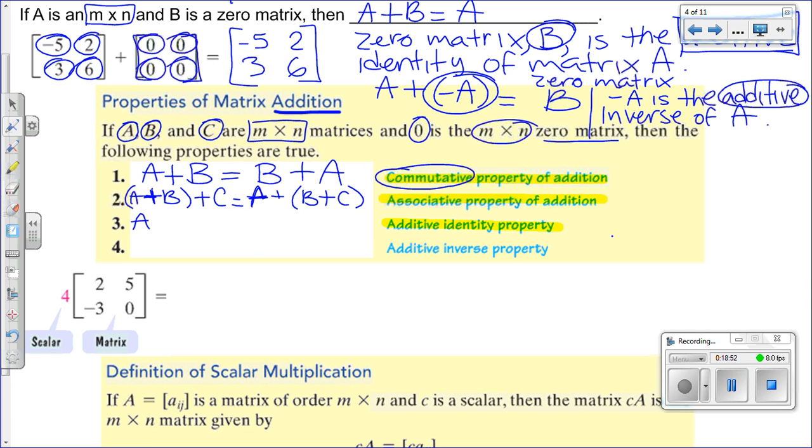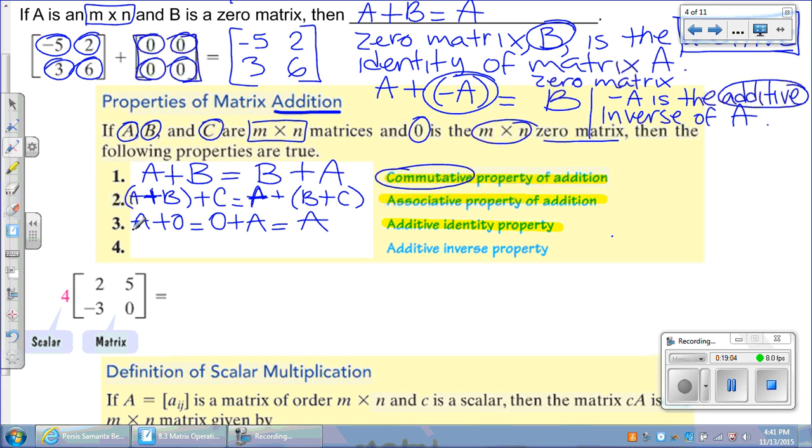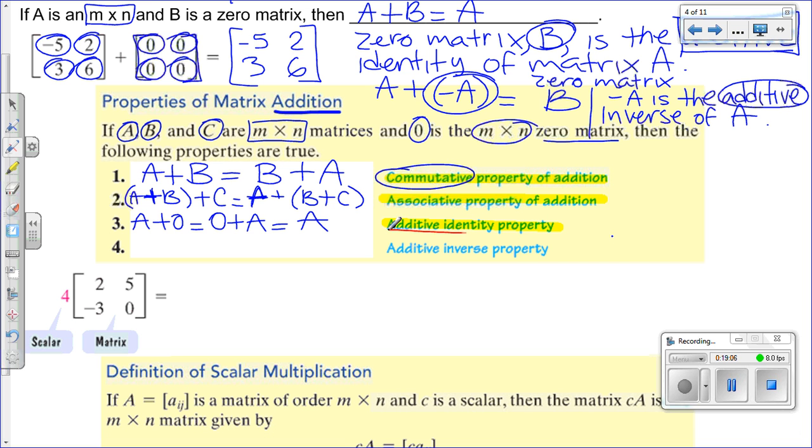So it will be matrix A plus the 0 matrix is equal to the 0 matrix plus matrix A, and that will equal matrix A. That is the additive identity property. Remember, which one is the additive identity of matrices, and that would be the 0 matrix. Great question for your quiz.